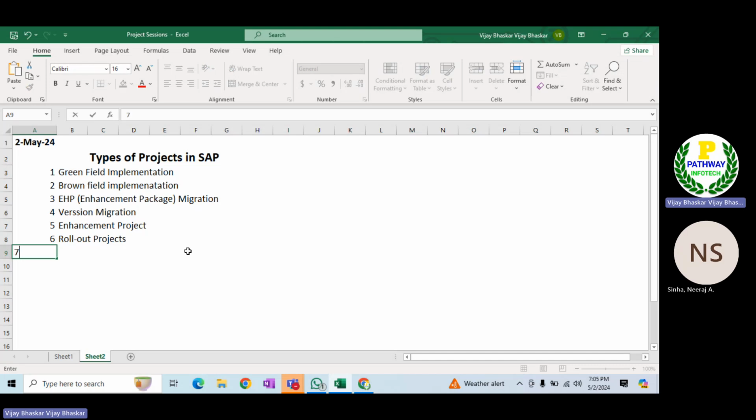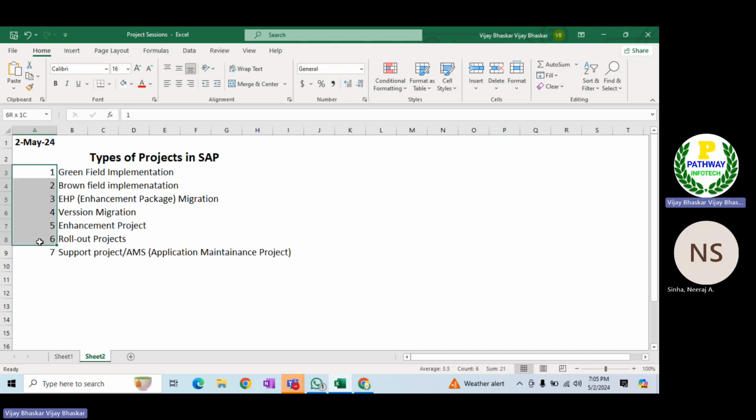Then next one would be a support project, or it's an AMS. AMS stands for application maintenance. Some people say support project, some people call it an AMS. These many types of projects are there in the SAP system.